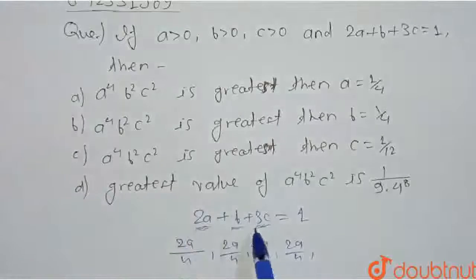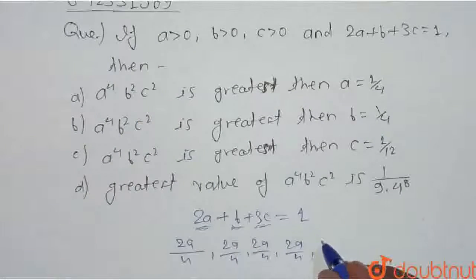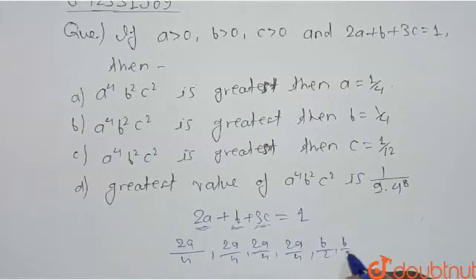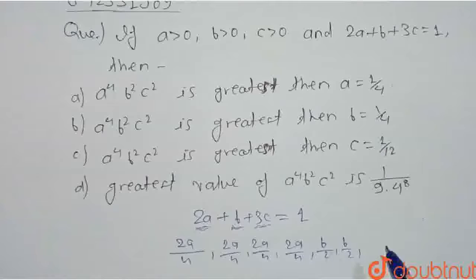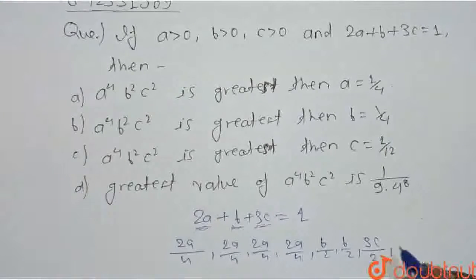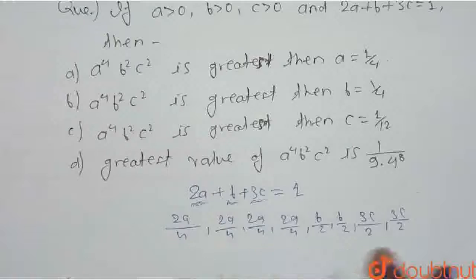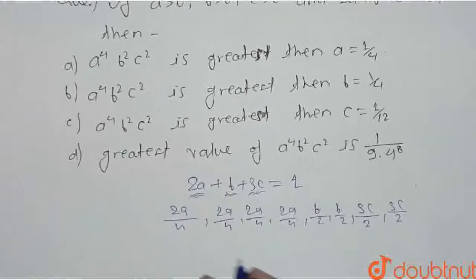Similarly, with the same logic, we can split b into two parts, b by 2, b by 2, because if we take the GM of this, we get b square, and the same for 3c, we split this term into 3c by 2 and 3c by 2. If we apply AM-GM in all these terms, what can we write?